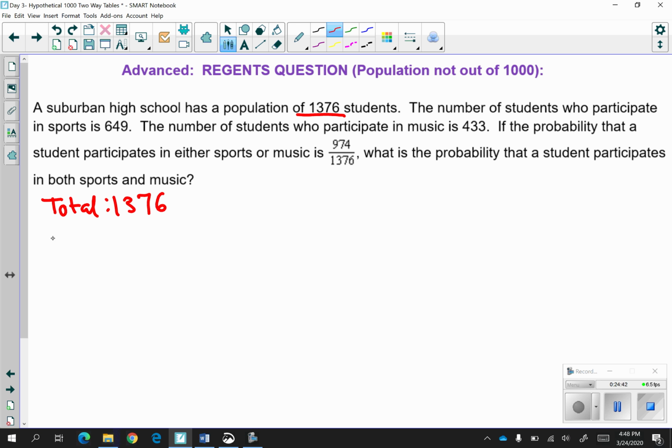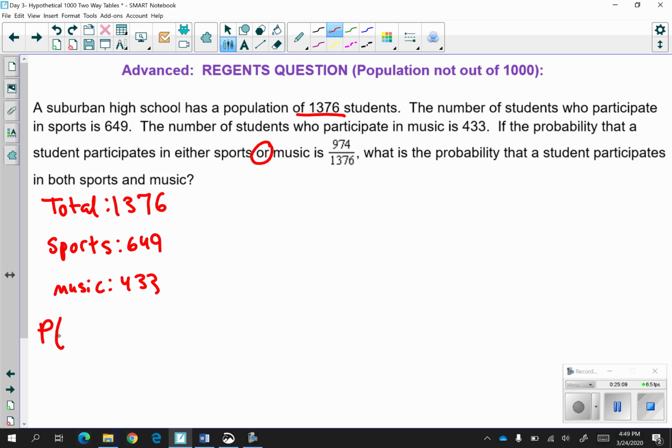The number of students who participate in sports is 649. The number of students who participate in music is 433. And now they're giving you the probability that a student participates in either sports or music is that.